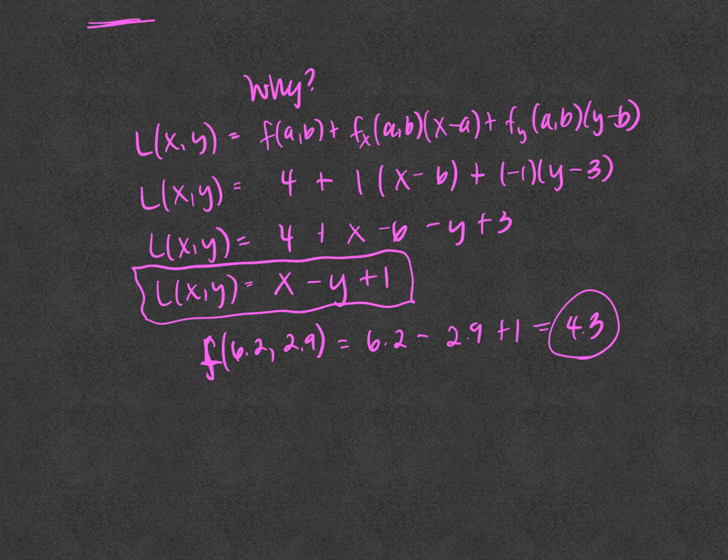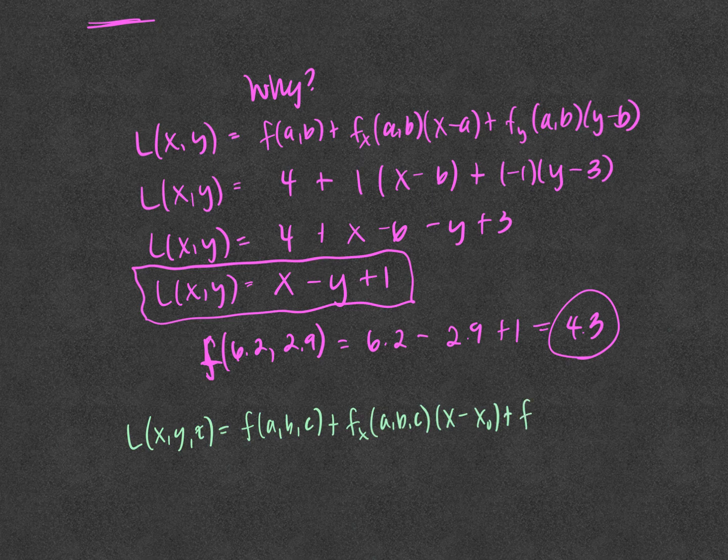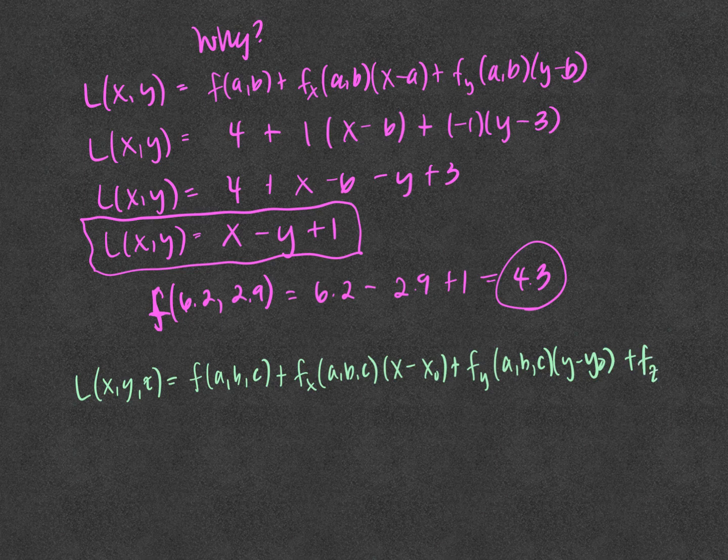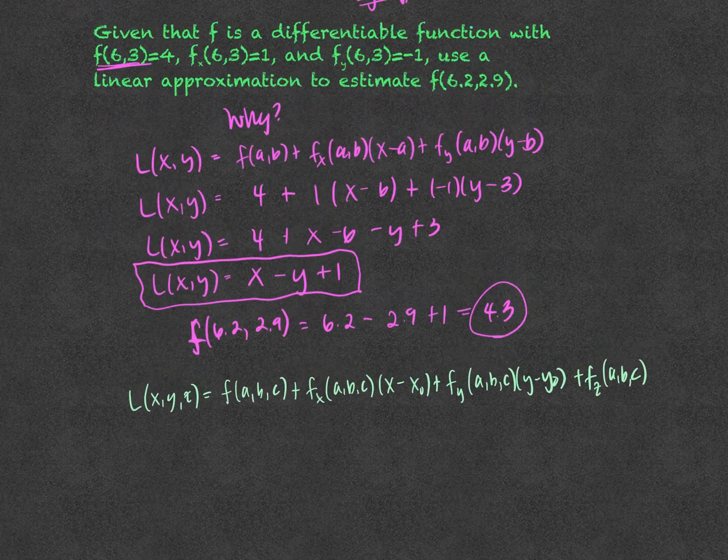The notation would be L of x, y, z is equal to f of a, b, c plus your partial with respect to x of a, b, c times x minus x sub 0, plus your partial with respect to y of a, b, c times y minus y sub 0, plus your partial with respect to z of a, b, c times z minus z sub 0.